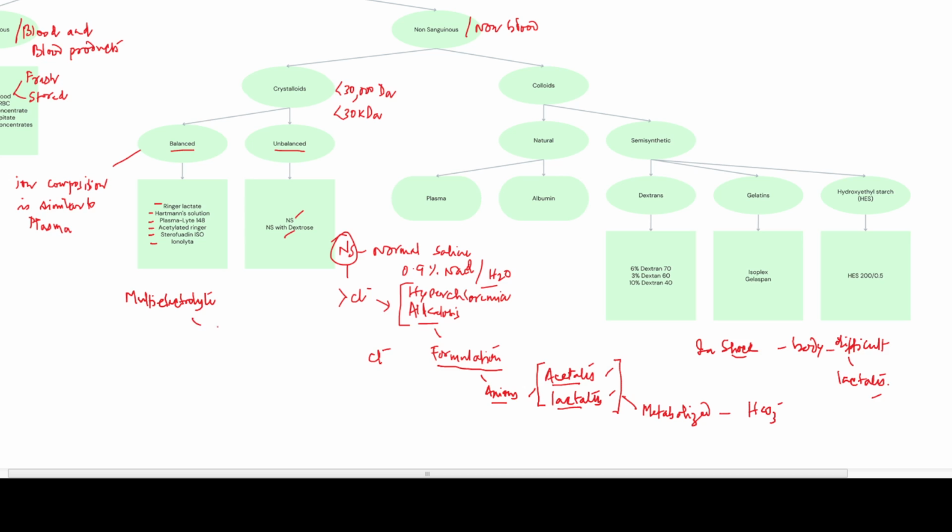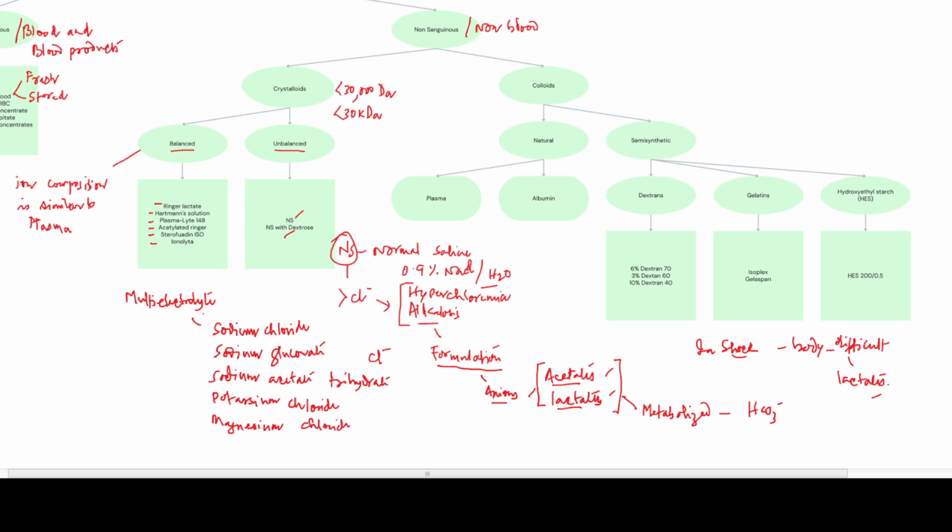It contains sodium chloride, sodium gluconate, sodium acetate trihydrate, and it contains potassium salts, potassium chloride and magnesium chloride.